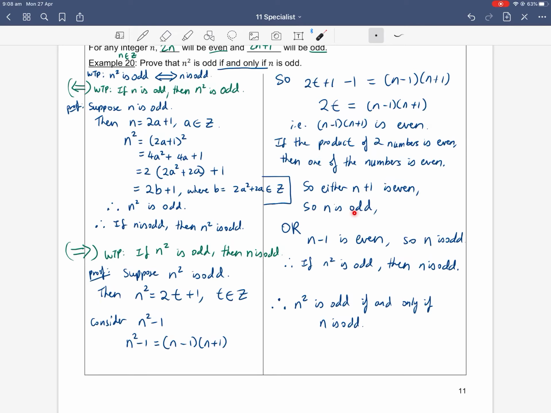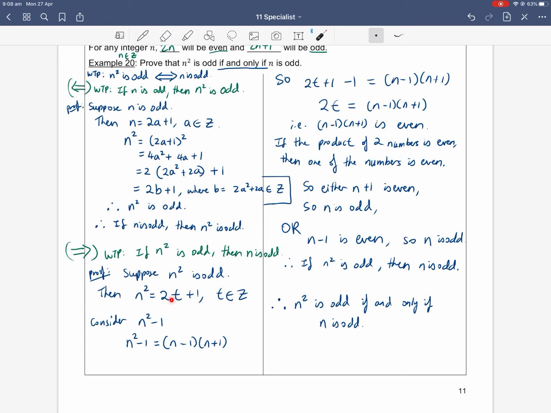If n plus 1 was even, then that means the number before that must be odd, because the numbers are either even or odd. Or we have the other case that n minus 1 is even, which means n is odd because the one after is odd. So therefore, we've shown that regardless of the possibilities, we always end up with n being an odd number.